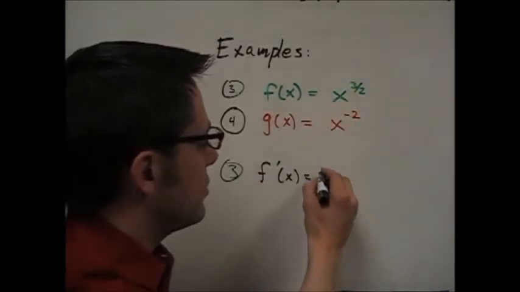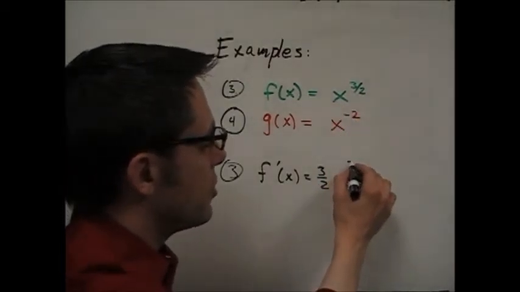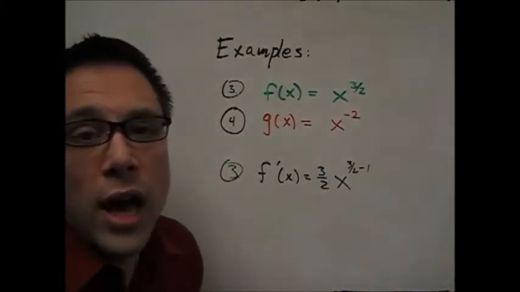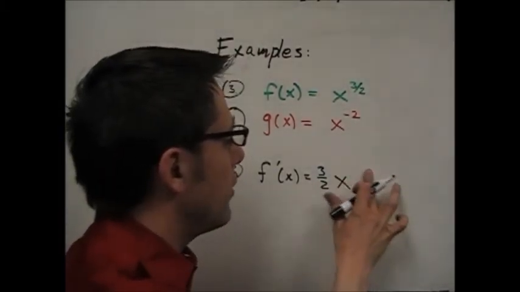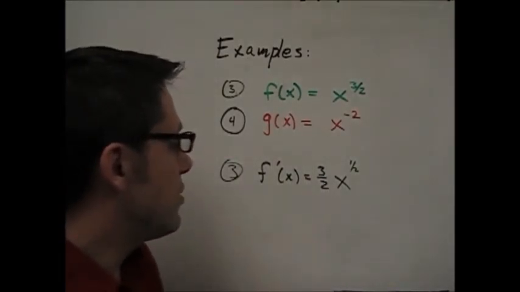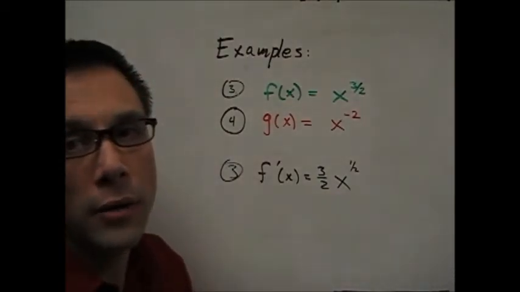Well, the 3/2 is going to come down. I'm left over with the x, and I have to reduce 3/2 by 1. So 3/2 minus 1, well, 1 is 2/2, so you get 1/2. Okay, so that's the derivative. Again, all we did is we took the power down and reduced the remaining power by 1.